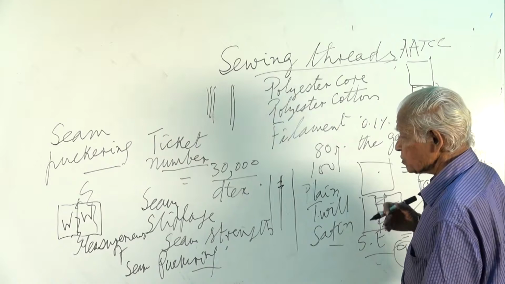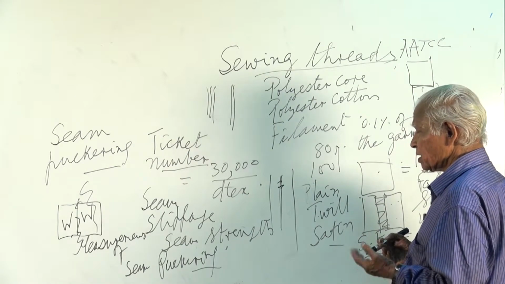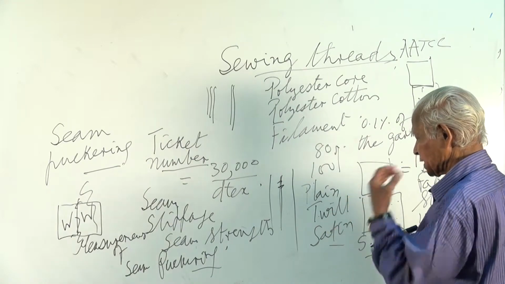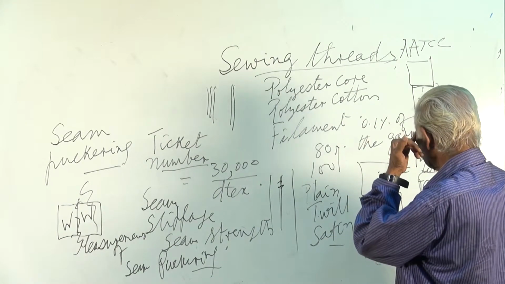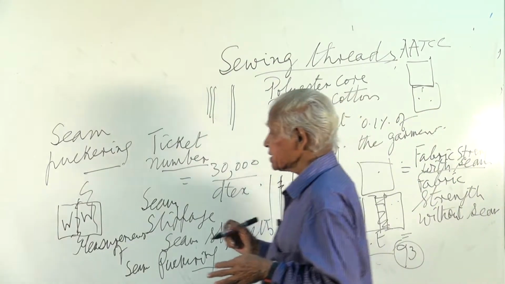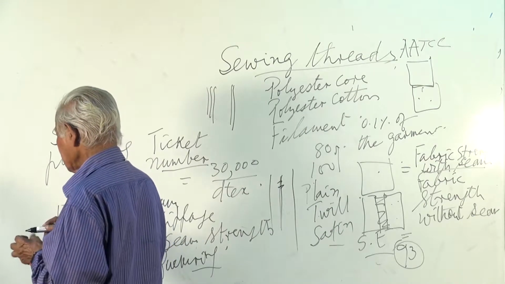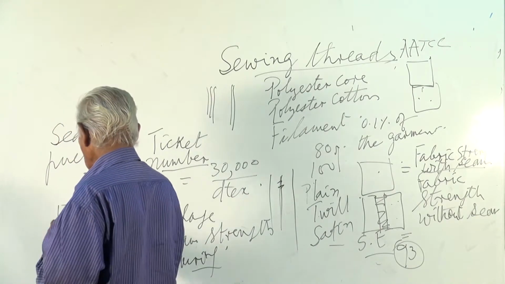And seam puckering can also be measured by a surface roughness tester. The severity of the seam puckering can be assessed, and by a computer analysis the seam puckering also can be assessed by using a computer.